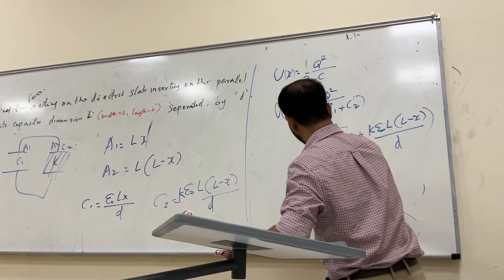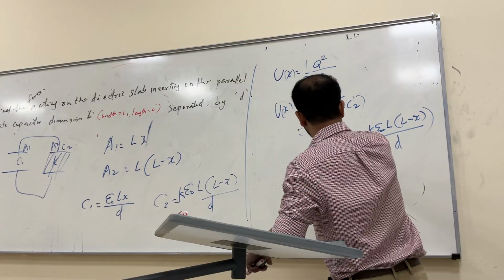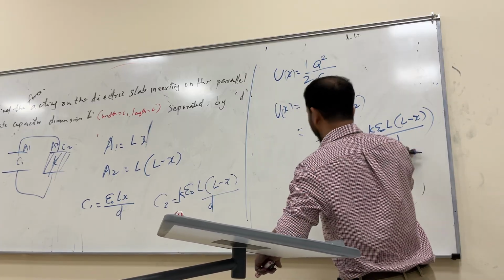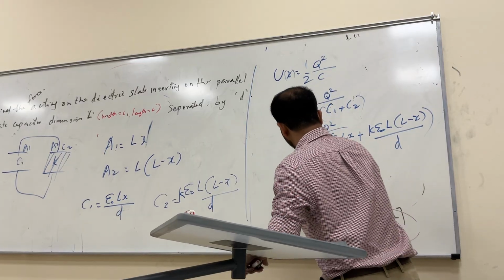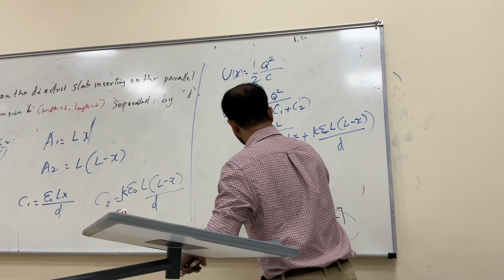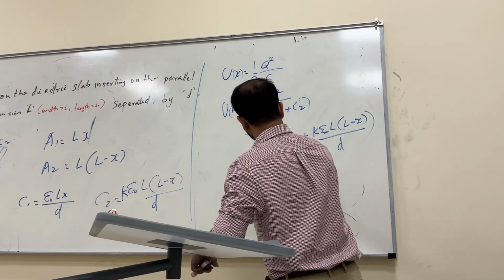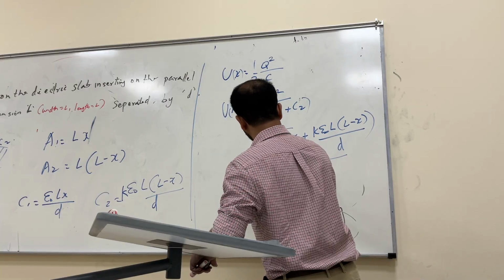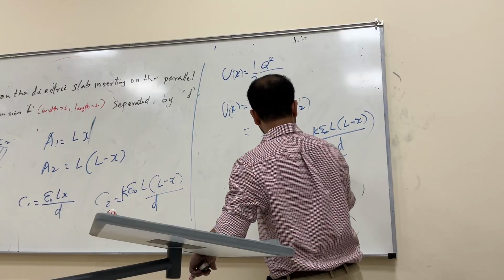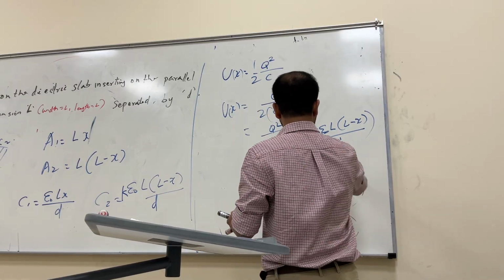For Q squared, I can take out epsilon 0 L from both of them over D. So 2 epsilon 0 L over D. What else can I take out? Nothing much. So this will be x plus K(L minus x).